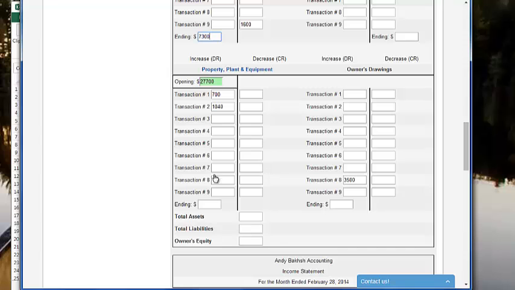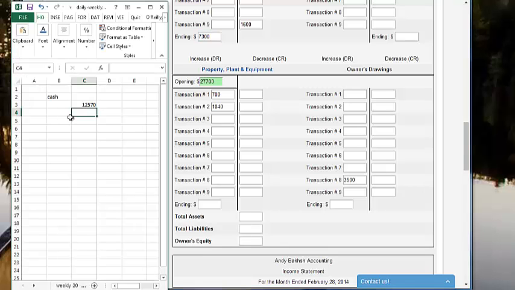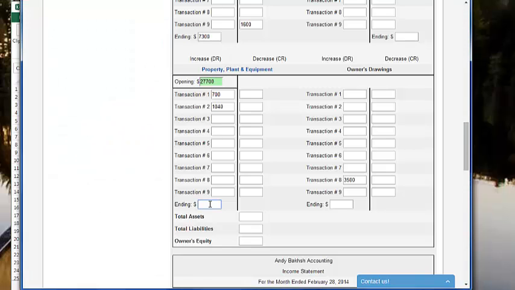Wish I was in class so you could tell me if I make a mistake. Property, plant, and equipment, I started with 27,700. I am adding 700 and adding 1,040, 29,440.